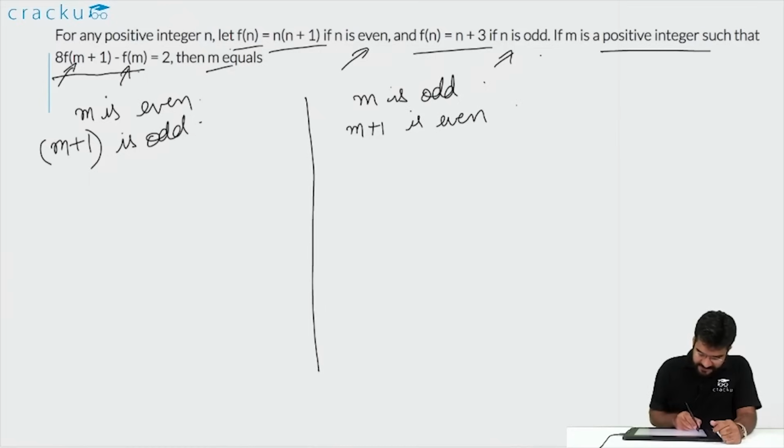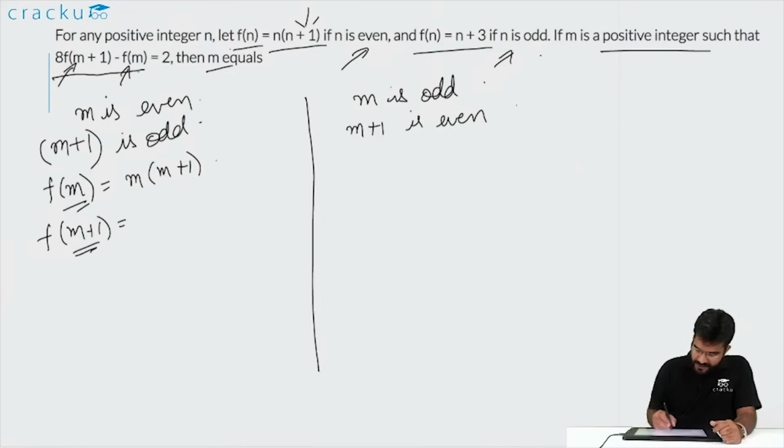So let us consider the first case. In this case, f of m is equal to m into m plus 1, because m is even. For f of m plus 1, note that m plus 1 will be odd, so f of m plus 1 will be m plus 1 plus 3, which is equal to m plus 4.